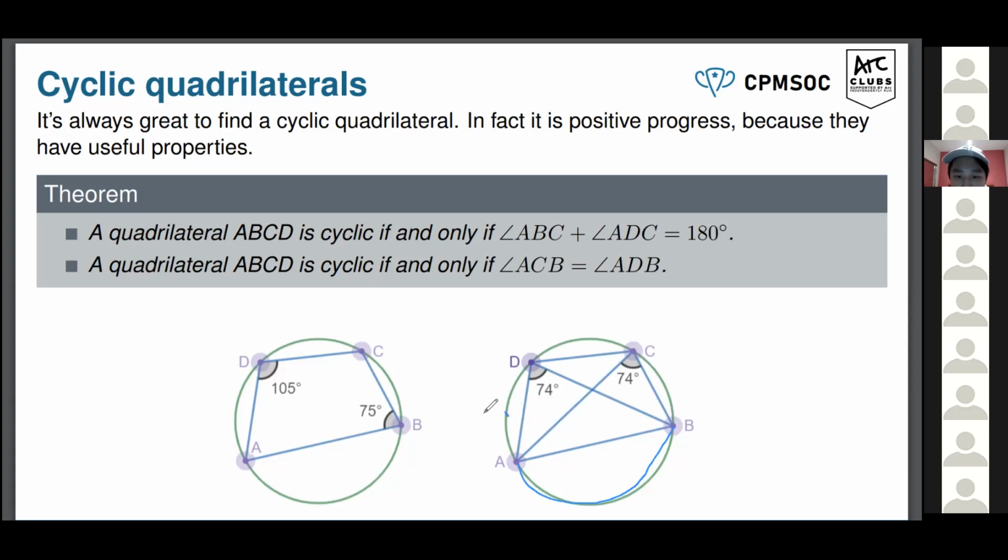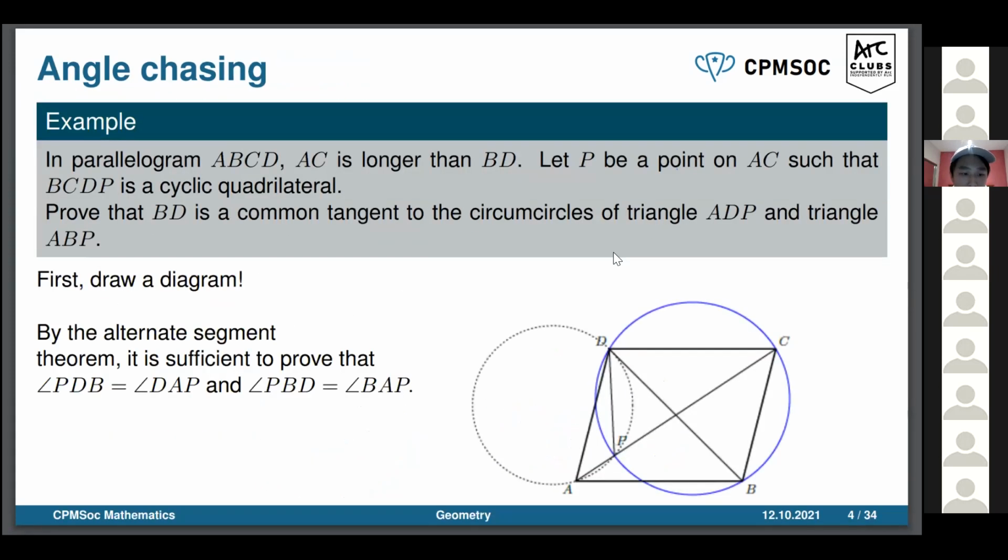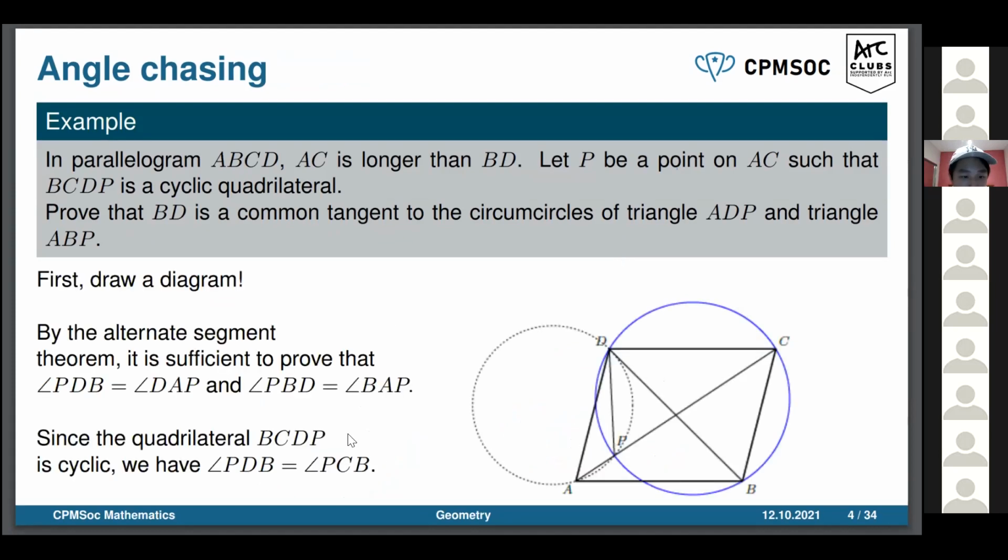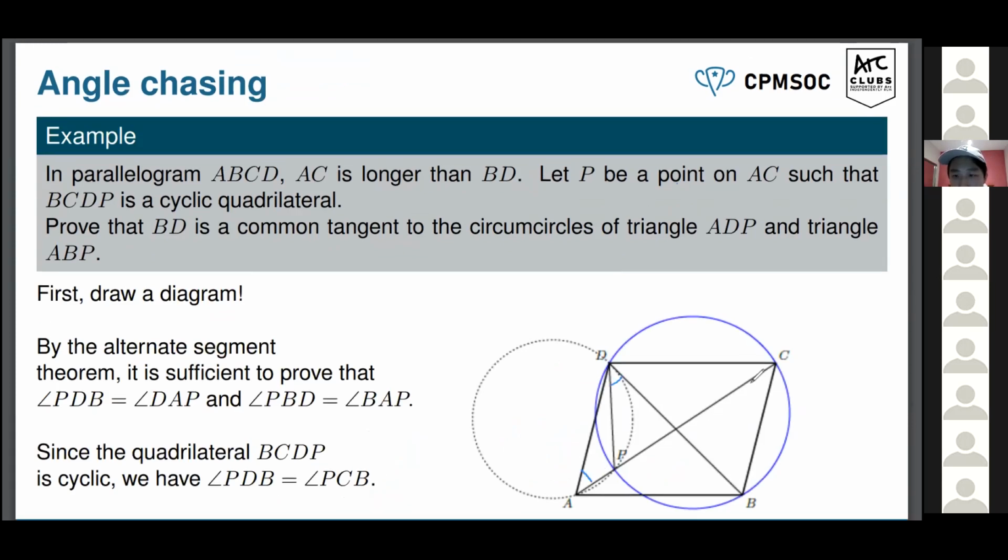So if I have a point here called E, this angle will be 74 degrees as well. And similarly, if I have a point here, that will also be 74 degrees. Okay, let's go back. So what we had was this angle is equal to this angle, which is also equal to this angle.